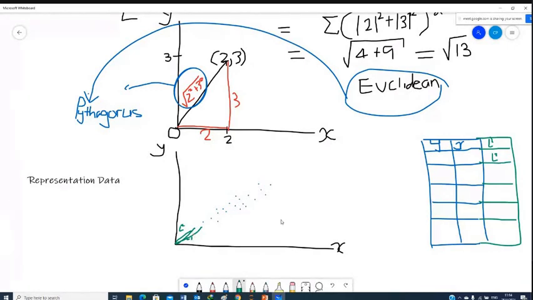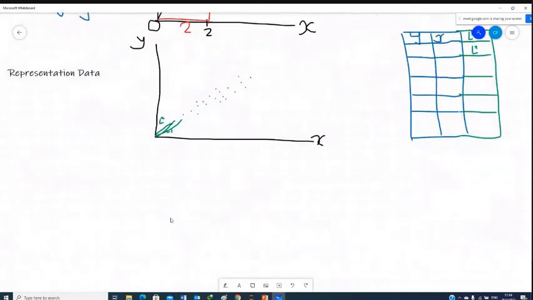So if I know the distance, to make it clearer, let me just draw them as lines. If I've got a point here that goes to the point of origin, and another point here, they're all going to the point of origin.